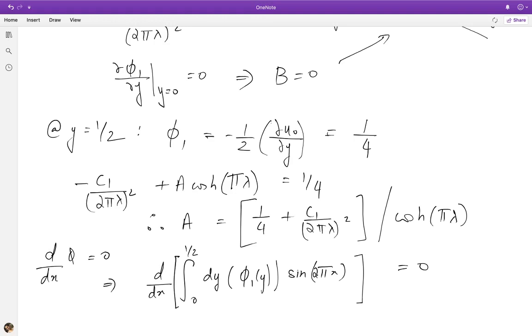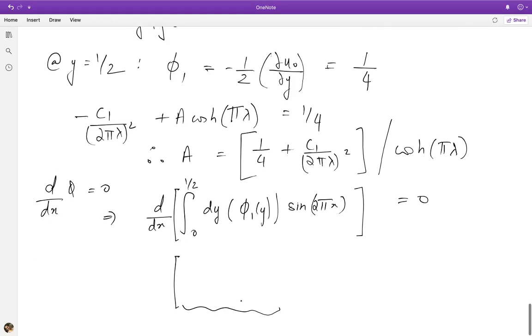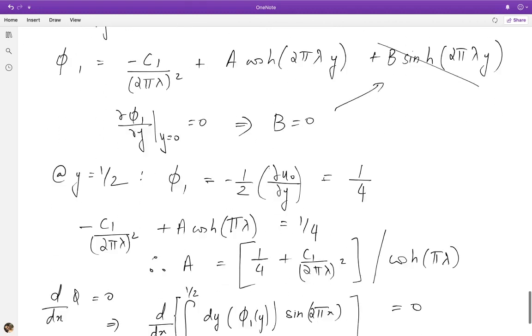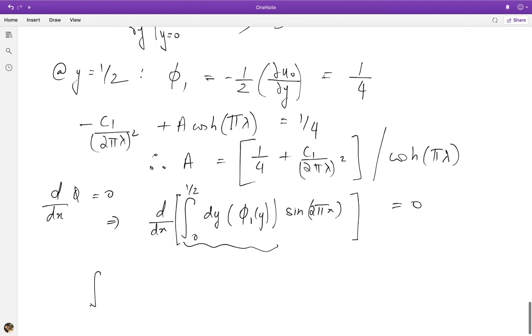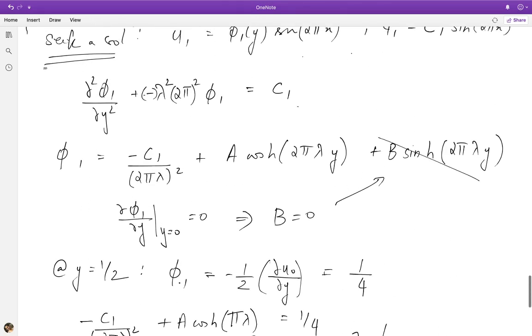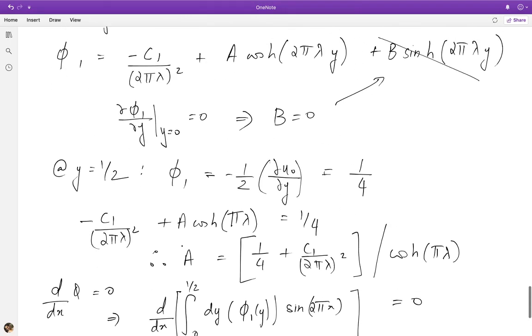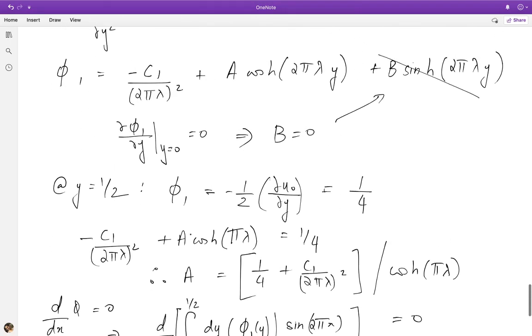Clearly the derivative of sin 2 pi x leaves me with cos 2 pi x, and so for it to be 0, the coefficient of the function of x must be 0. So this condition boils down to the integral from 0 to half of phi1 dy being equal to 0. This gives me another condition to directly calculate C1 in terms of A.